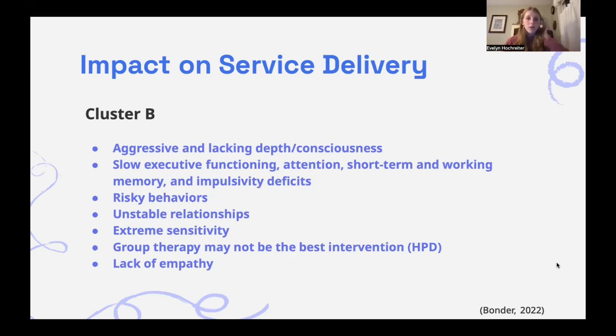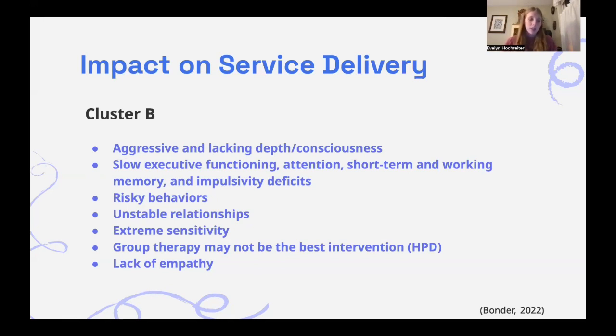All right, so for cluster B, this is where the behavior starts to get a little bit more aggressive. They may lack depth and consciousness. They'll have slow executive functioning, poor attention, poor short-term and working memory, and also impulsivity deficits, which lead to more risky behaviors. You'll see they have unstable relationships, specifically people who are diagnosed with BPD.